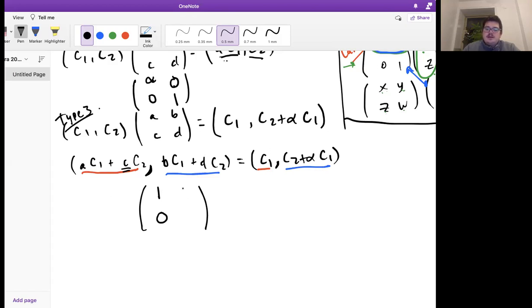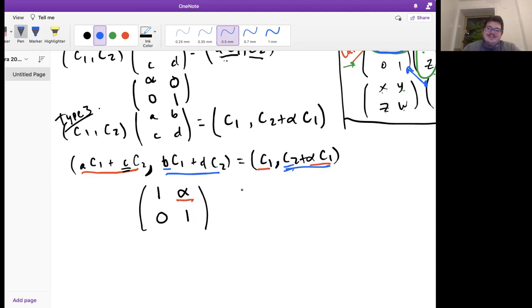And then, actually, it would be alpha 0 or alpha 1, because the entry here means you're contributing alpha times C1, and then B would need to be alpha, and then D would need to equal 1 because there's only one C2.